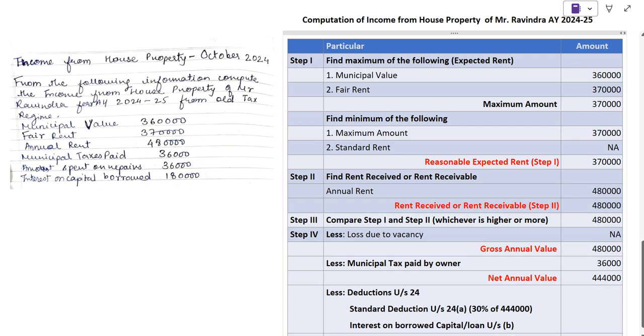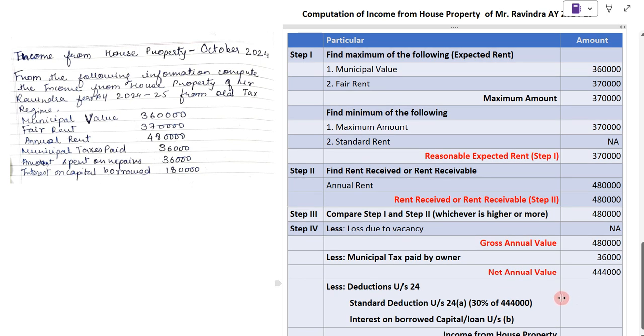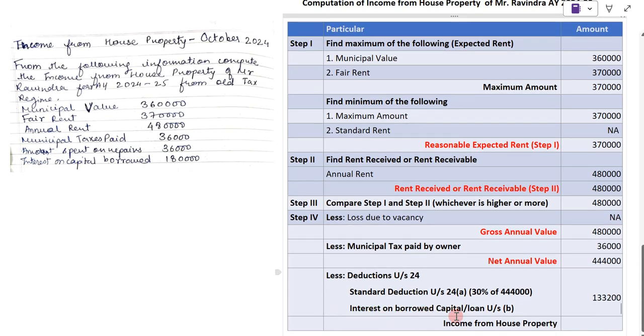The net annual value is 4,44,000. So 30% of net annual value, we get 1,33,200.